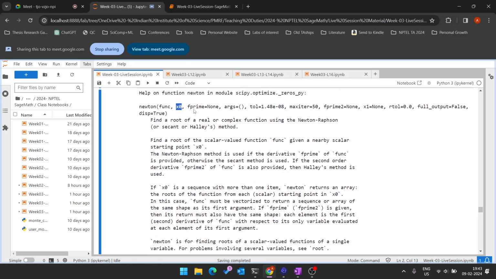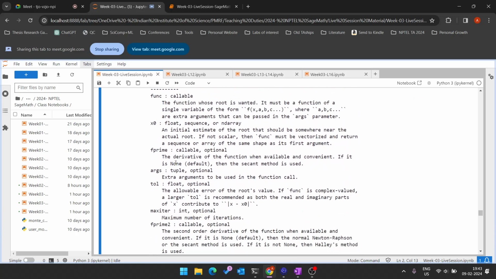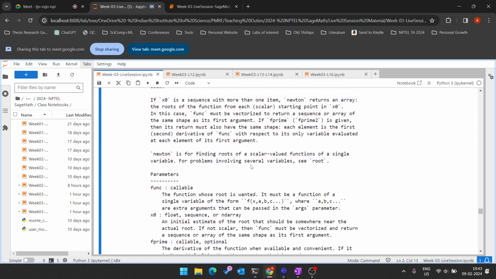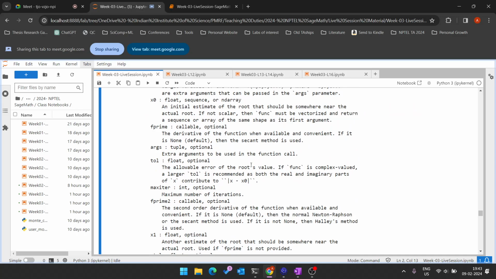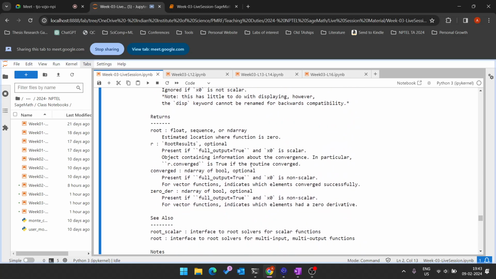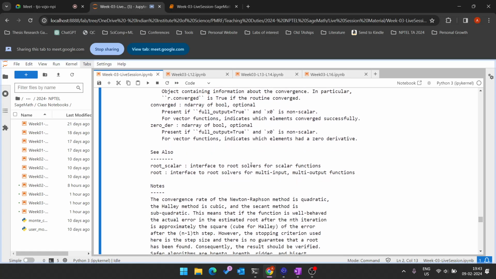The third term is fprime equal to None. When fprime is not given, this Newton function will default to a second method, where the first derivative is not available, and it tries to estimate the first derivative numerically.